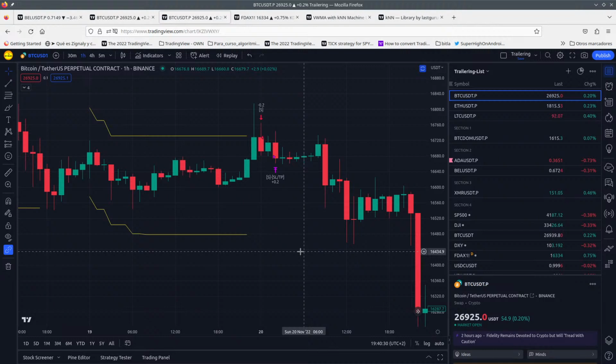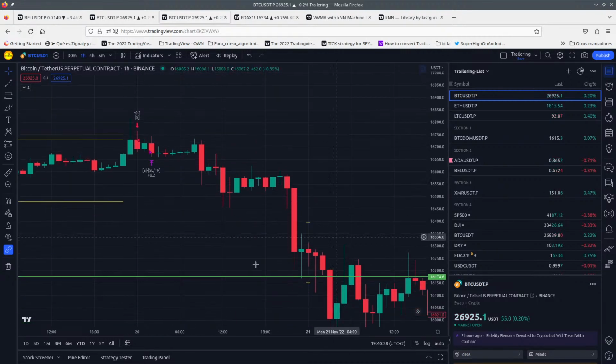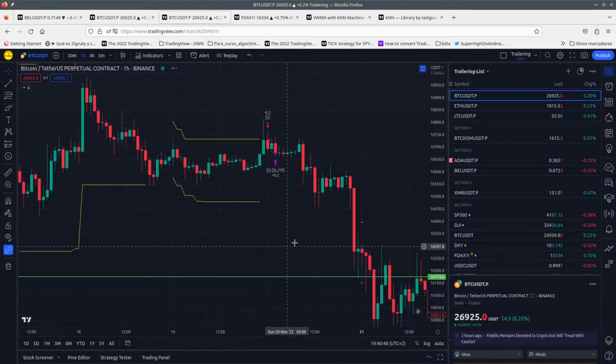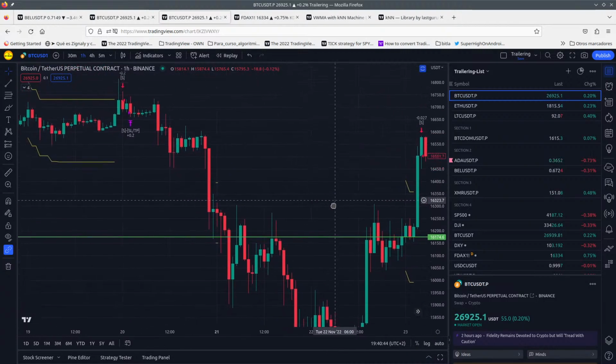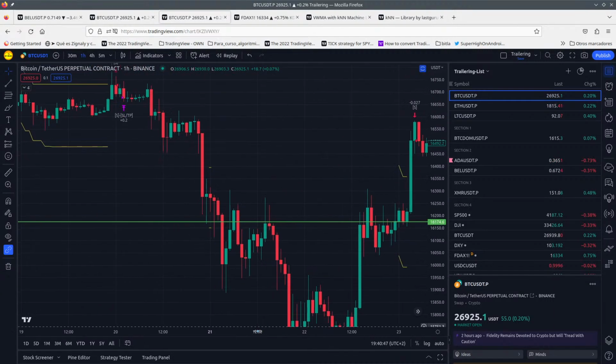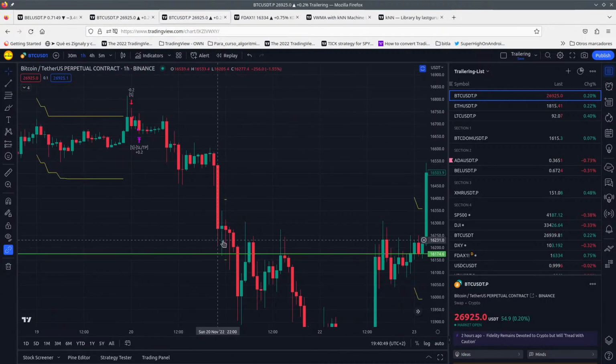So okay, let's see. The stop loss is here and this works quite nicely. And when do I stop? When there is another breakout or something, which might be here or here or here. We don't know, but maybe that's the way of doing this.